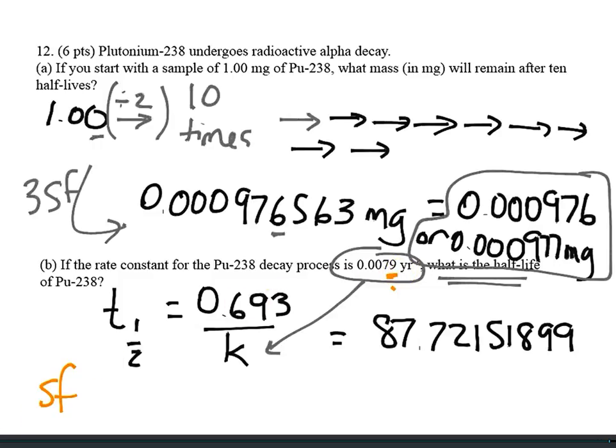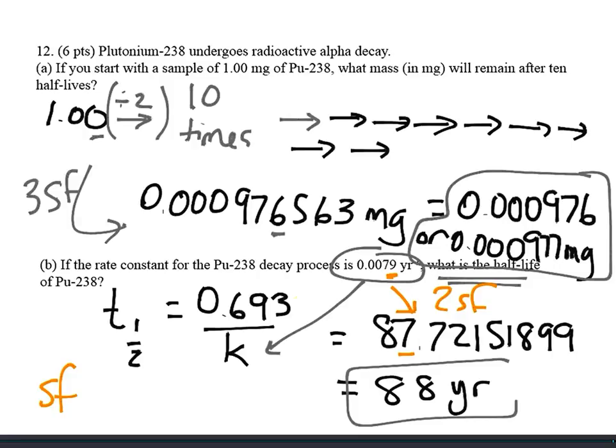This 0.693 has 3, which means we're going to need to round this to 2 sig figs, which is 88. And the units, that's the biggest mistake people made. The units are years. Units are time, because T1/2, half-life, is a time value. Or you can plug in, since this is reciprocal years on the bottom, it's in the denominator. So it's 1 over years, which is years. Okay. So 88 years is the answer.